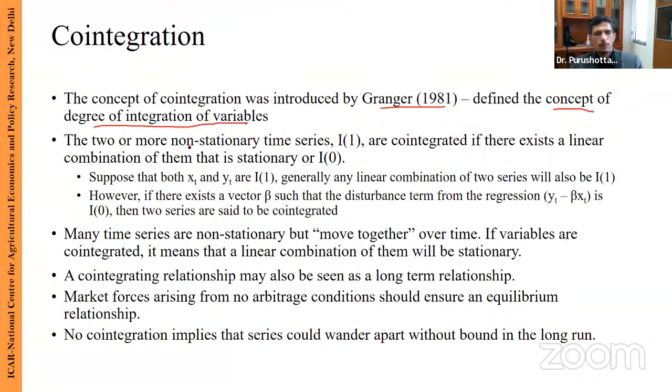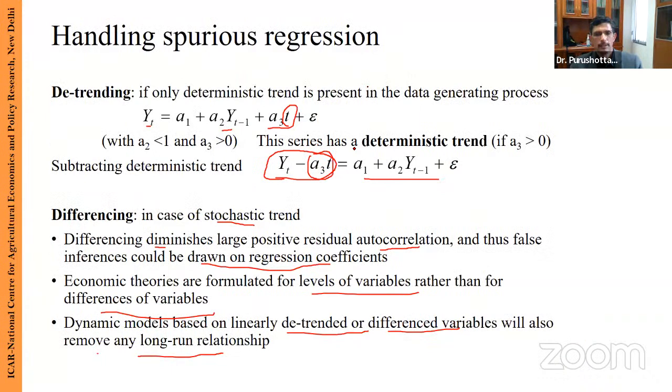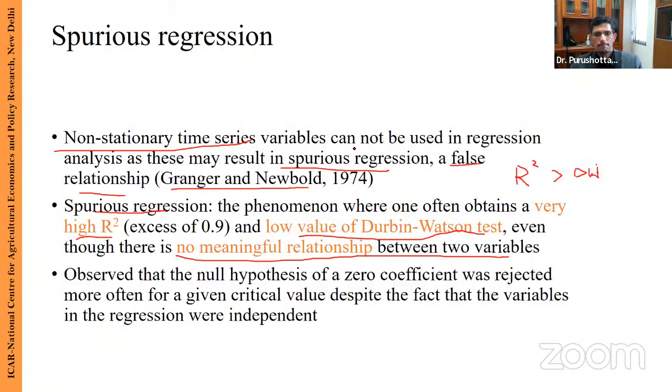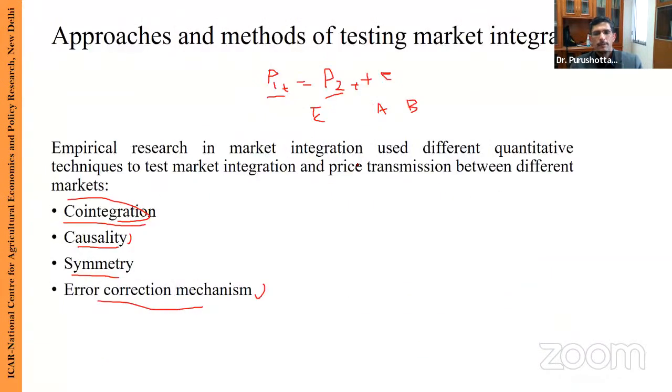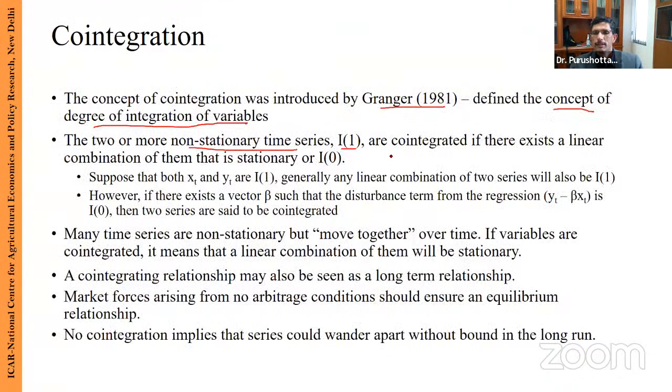If two or more non-stationary time series, that is called I1, as we have discussed in the order of integration, are I1 or integrated of order 1, we say these are co-integrated if there exists a linear combination of them that is stationary.